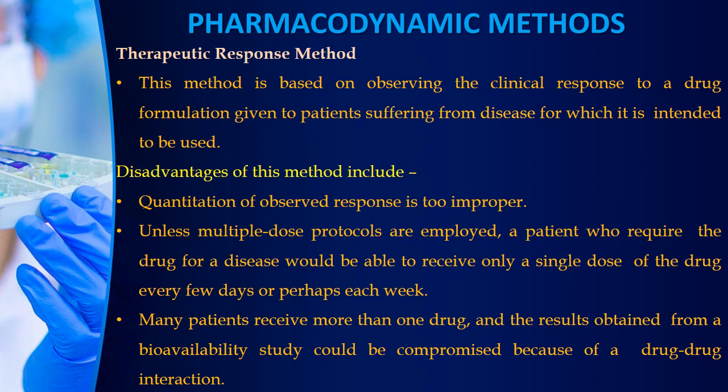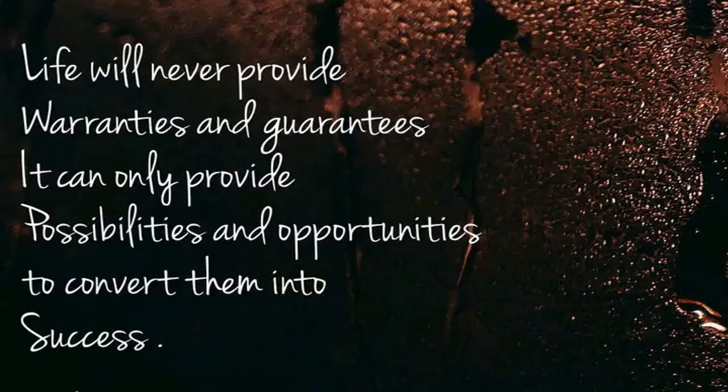Under this, we discussed the acute pharmacological response as well as the therapeutic response method. I hope you understood the concept in detail. In case of any clarification, please don't hesitate to contact me back.